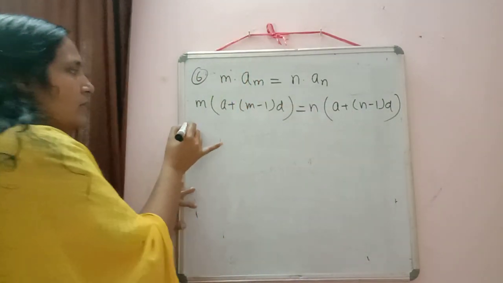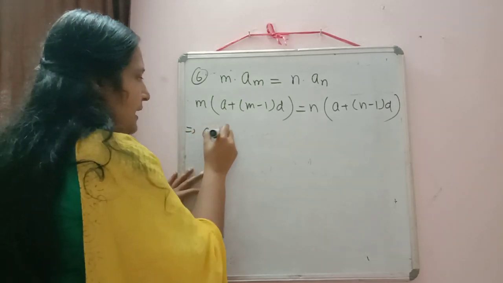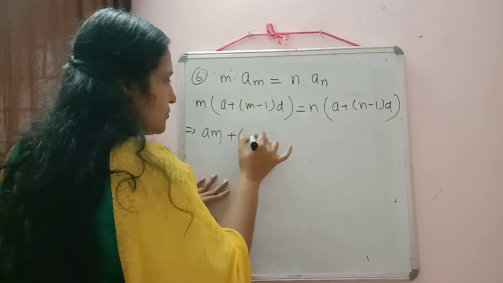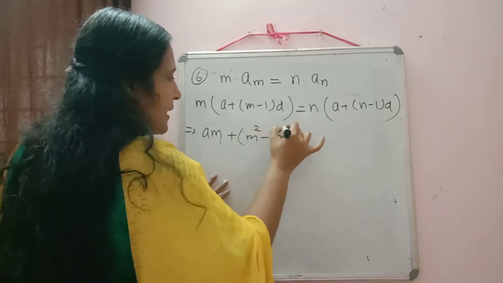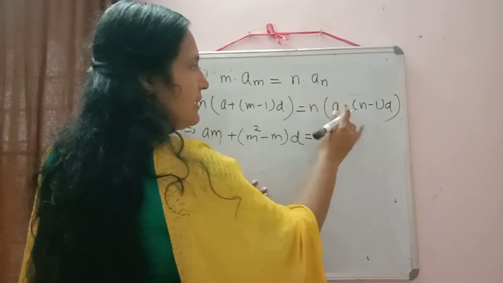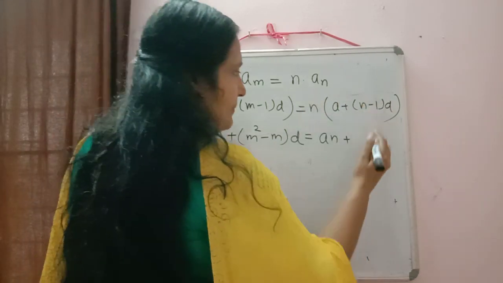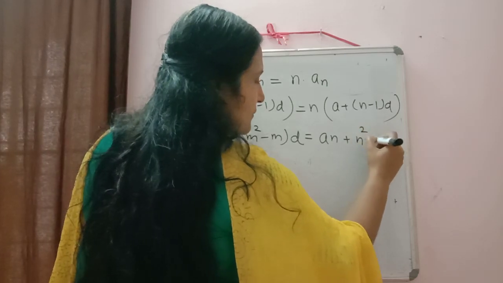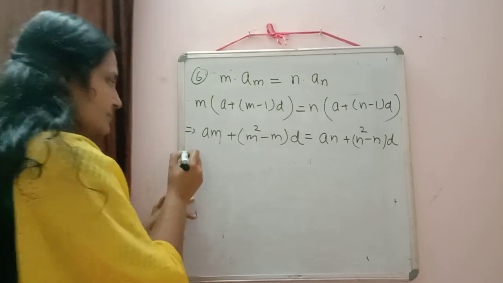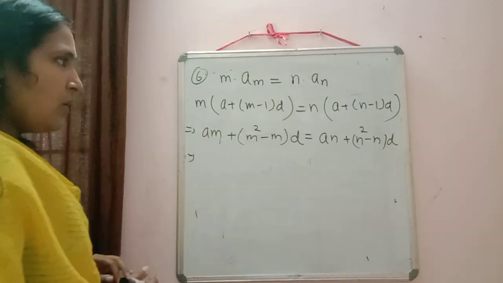Now what we will do? We'll multiply here by m. So it will be equal to am plus, multiplying it by m, it will come m square minus m into D, is equal to, here we will get an plus n, I am multiplying inside, so it will be equal to n square minus n into D. Now what we will do, we'll shift all the expression to one side.